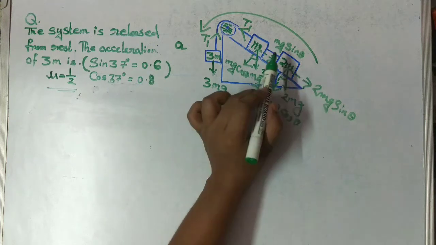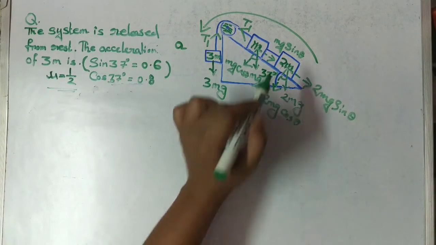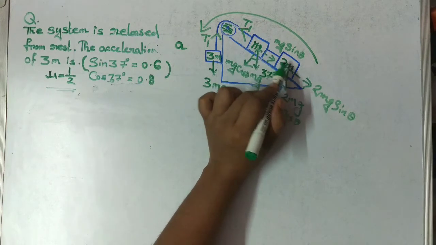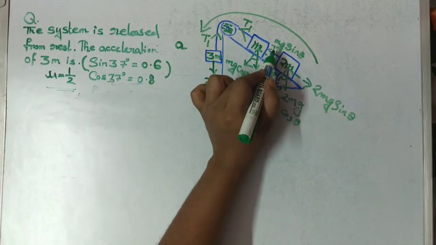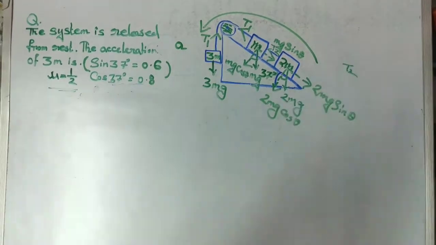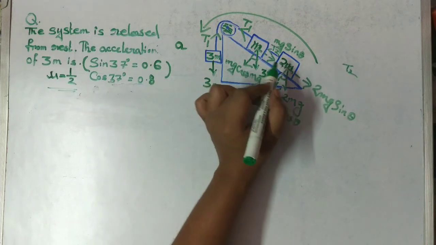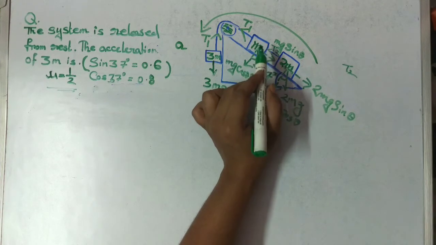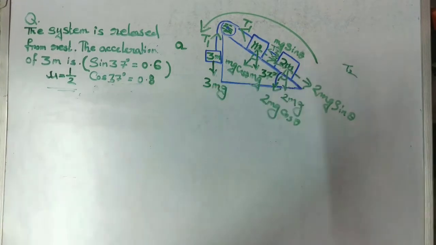Similarly, in this part of the string there will be a tension force also. This m will be pulling this 2m on this side. I am taking this tension force as T2, and this 2m will pull the m on this side, so it will be T2 also.